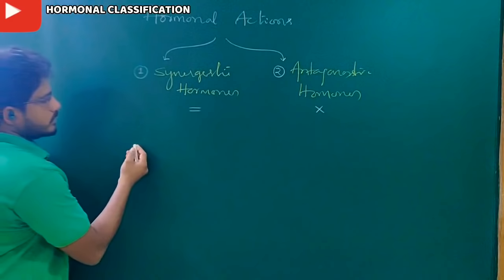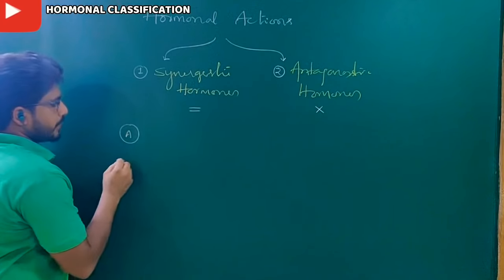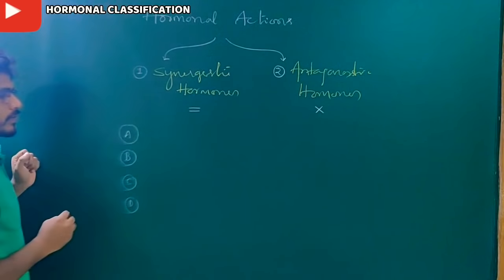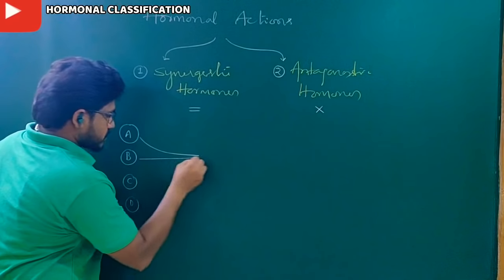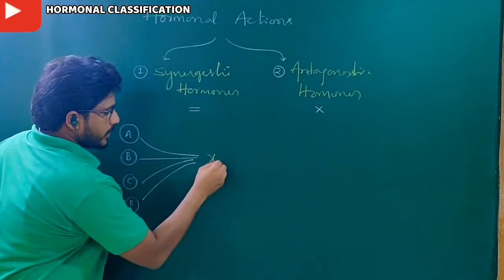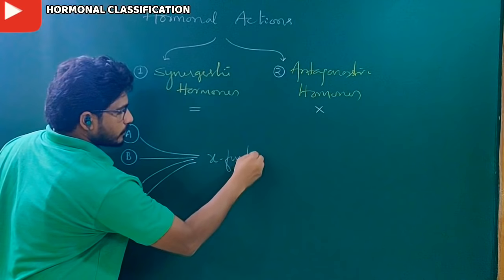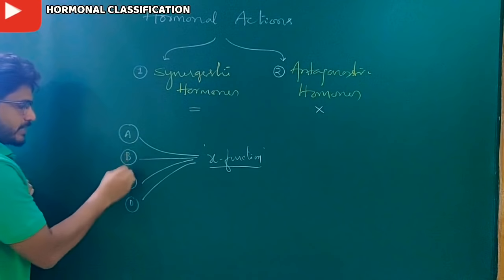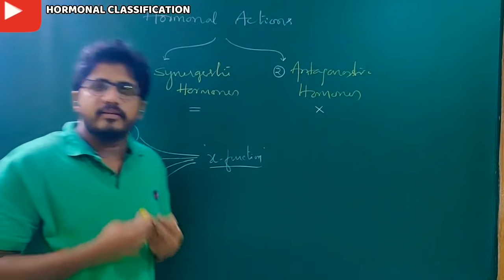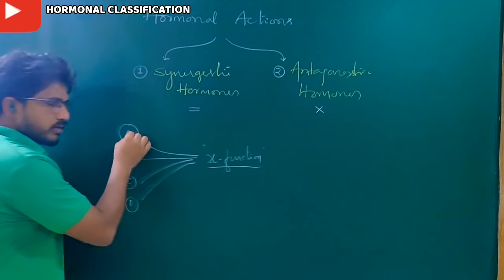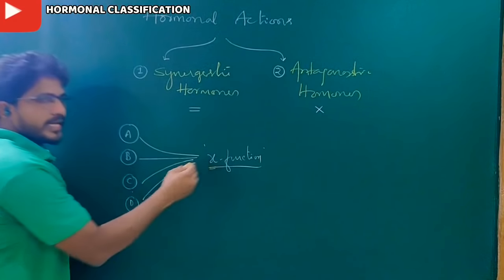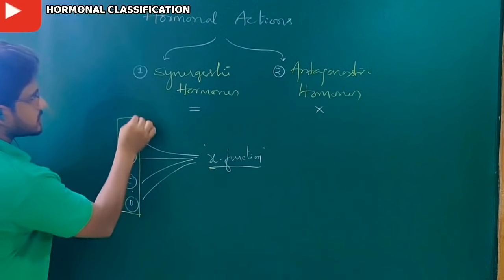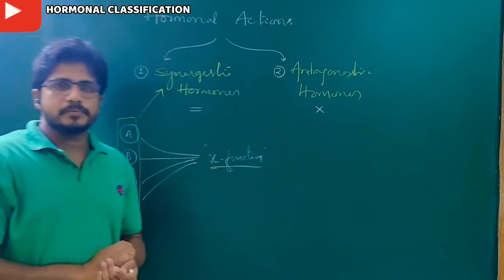For better understanding, suppose hormone A is there, hormone B, hormone C, and D are there. These hormones function all together for an X function. For doing a particular function, hormones A, B, C and D, all four are involved. Without any of the four, this X function cannot be done. In that case, all these four hormones are considered synergistic hormones.